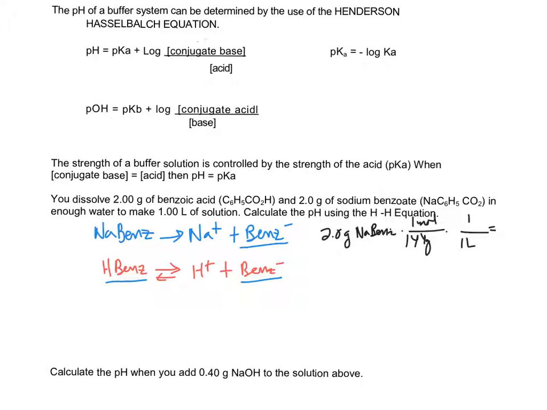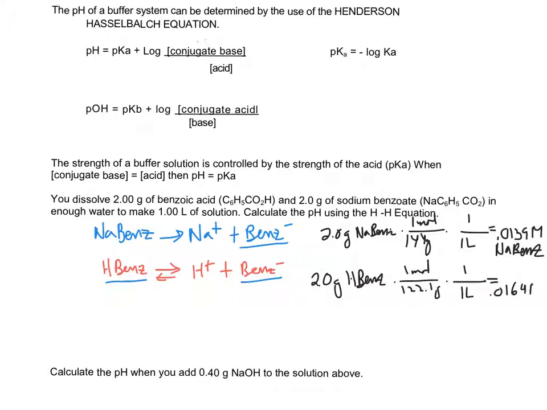That's going to give me 0.0139 molar of the sodium benzoate. I also have 2.0 grams of the benzoic acid. I'm going to call that H-benz. 1 mole of that is 122.1 grams. And again, I'll divide by a liter. That gives me 0.0164 molar of the benzoic acid.